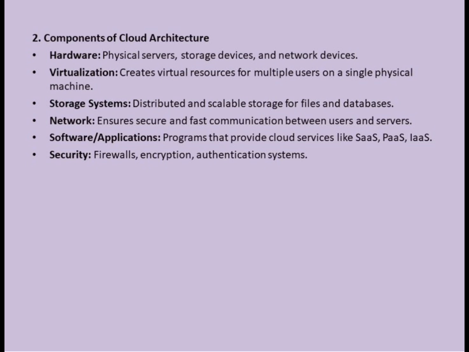These software layers handle resource management, user interfaces, and service delivery to customers. 6. Security. Security is a vital component that includes firewalls, encryption, identity management, and authentication systems. It protects cloud infrastructure and user data from unauthorized access, cyber threats, and breaches.